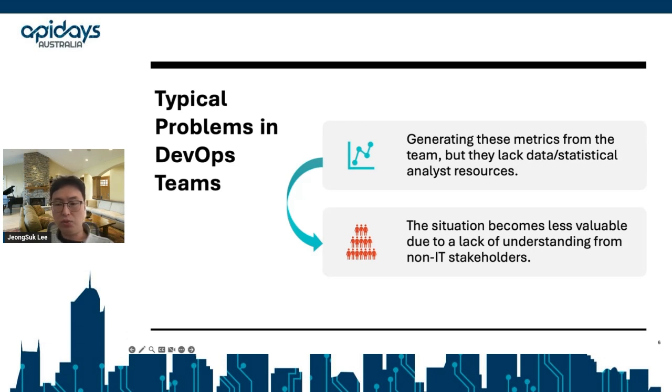So that's the reason why data or statistical analysts are needed to interpret them and explain what they mean. But a DevOps team usually consists of engineers, so they don't provide any insights. This leads to a situation where the metrics become less valuable due to a lack of understanding from non-IT stakeholders.